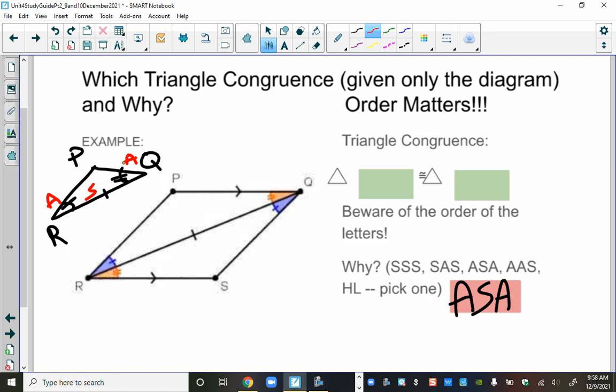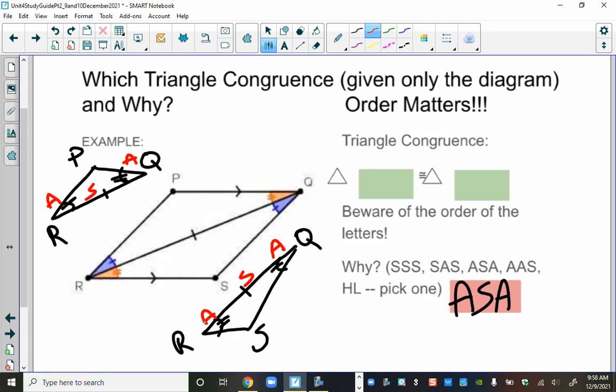Because when we write the second triangle down, sorry, it's not going to be the best drawing, but the idea is the same. Again, you have an angle, the side, the angle. So that's why it's going to be an angle side angle deal.